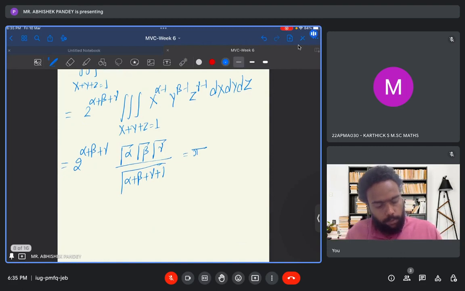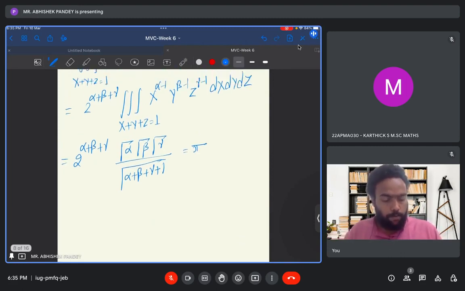Now we need to check for which values of alpha, beta, gamma this equation is satisfied.